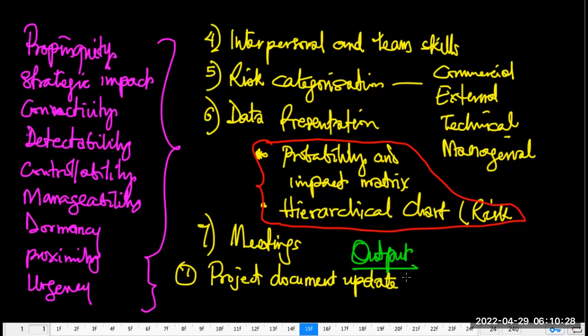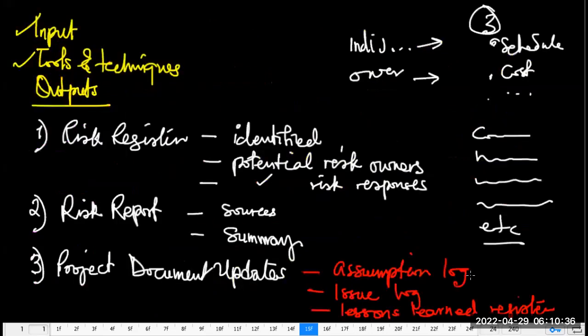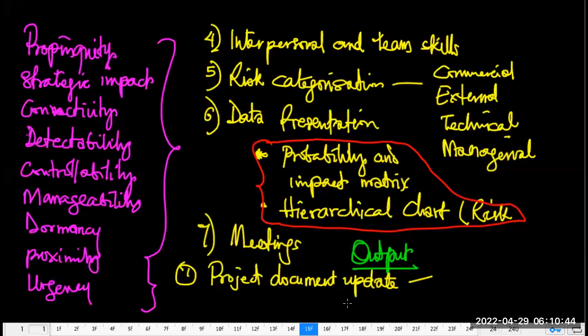Similar to the previous step. But what documents are you updating? In the previous one, we saw the assumption log, issue log, and lessons learned. Let's see this one for step 3, right?